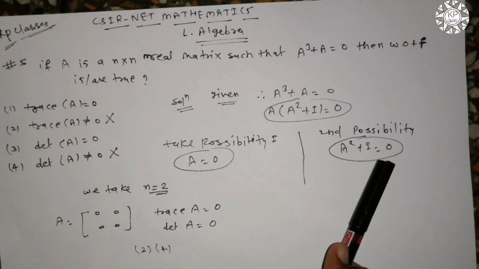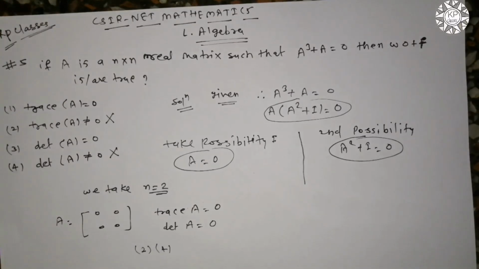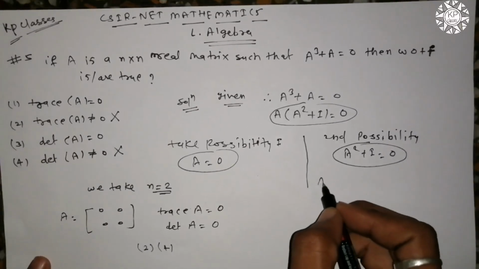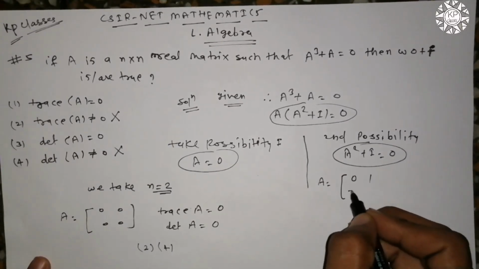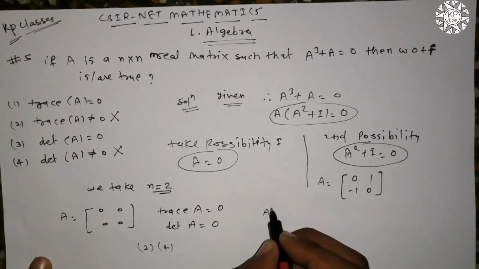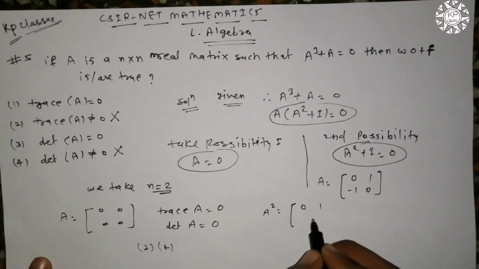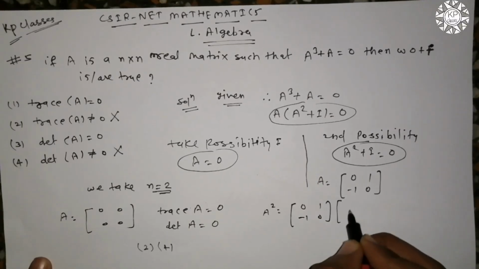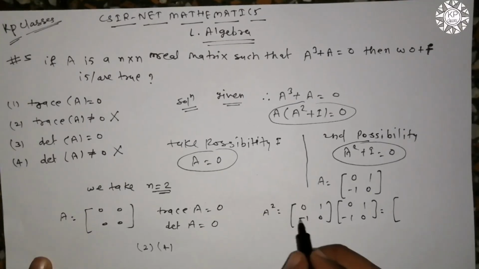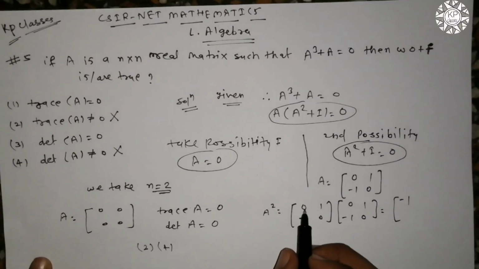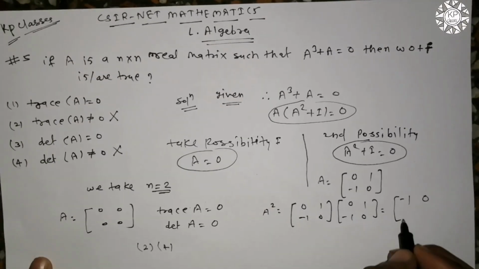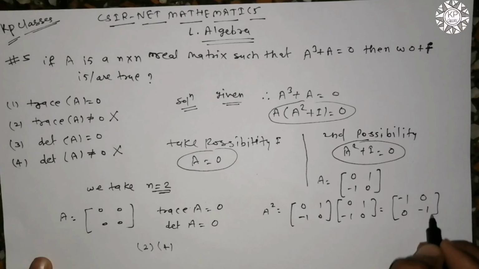Here A square plus identity equals 0, so we take a random matrix such that A equals 0 1, minus 1 0. Okay, we find A square, which is 0 1, minus 1 0 times itself, so A square is minus 1 0, 0 minus 1.